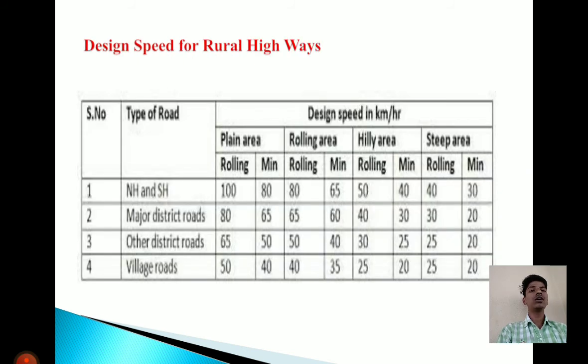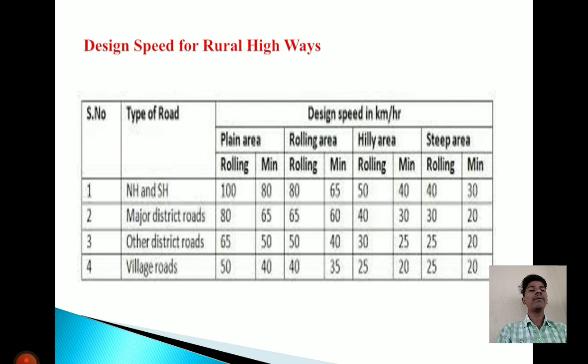This chart shows design speed for rural highways, that is national highway and state highway, major district roads, other district roads, village roads, on the basis of plain terrain, rolling terrain, hilly area, and steep area. In the plain area, for national and state highways, the maximum design speed is 100 and the minimum is 80.